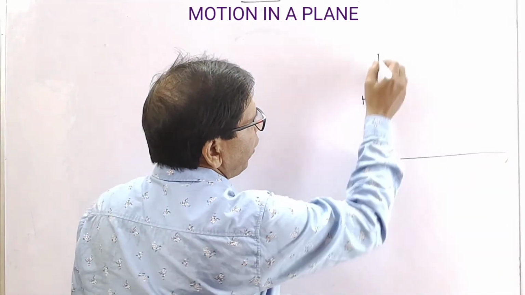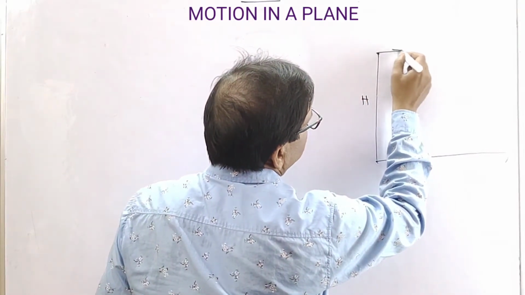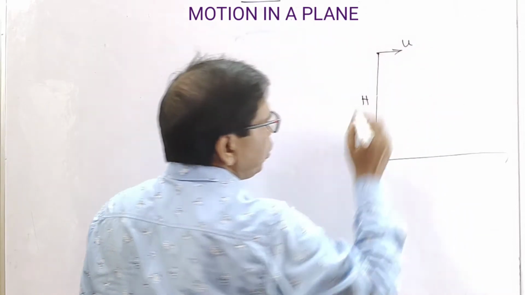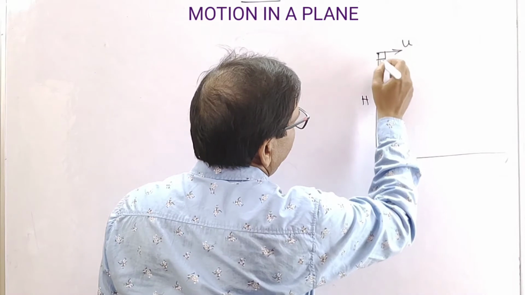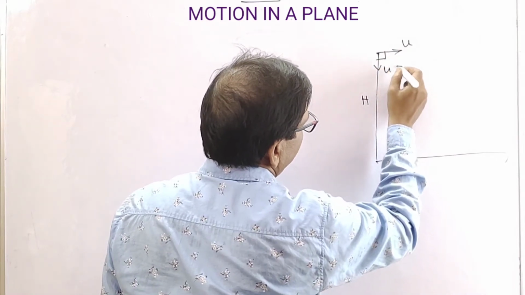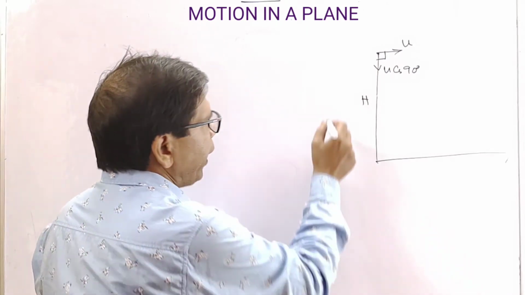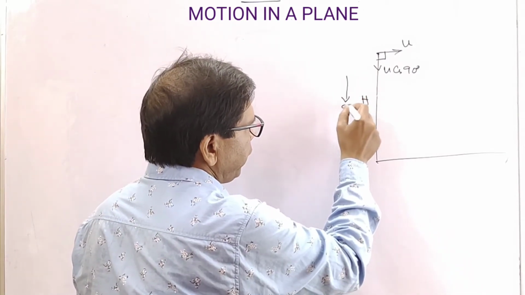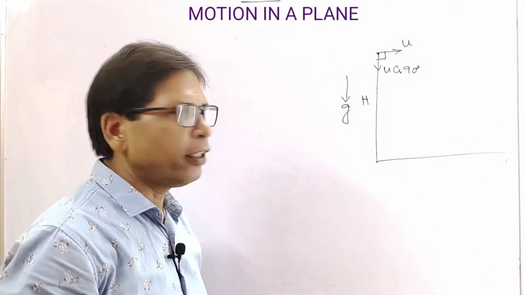Suppose this is a tower of height h. A particle is projected from this point horizontally with velocity u. So look at this, the component of velocity in the vertical direction is u cos 90 degrees, and the acceleration due to gravity in the downward direction is g, with no acceleration in the horizontal direction.